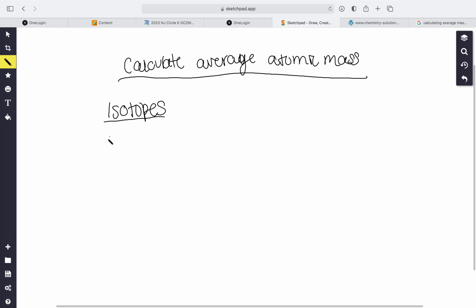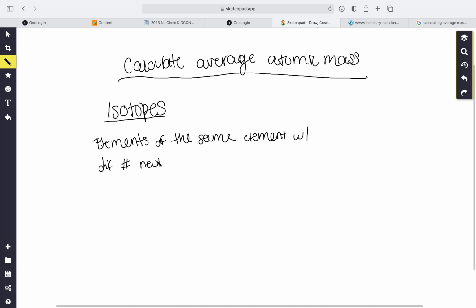Isotopes are atoms of the same element with a different number of neutrons, because the number of protons tells you what element it is.